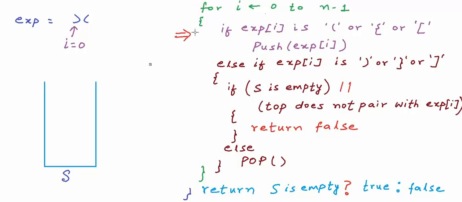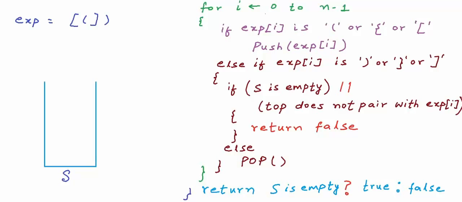This is a closing parenthesis, so this if statement will not hold true, so we will go to the else condition, and now we will go inside the else to check whether stack is empty or not, or whether the top of stack pairs with this closing symbol or not. The stack is empty. If the stack is empty, there is no opening counterpart for this closing symbol, so we will simply return false. Returning means exiting the function. So we are simply concluding here that parentheses are not balanced and exiting.